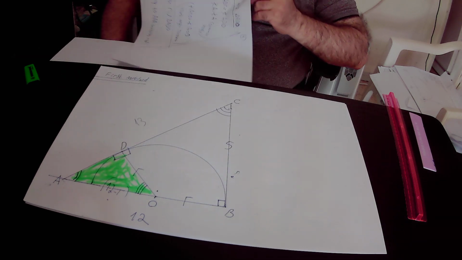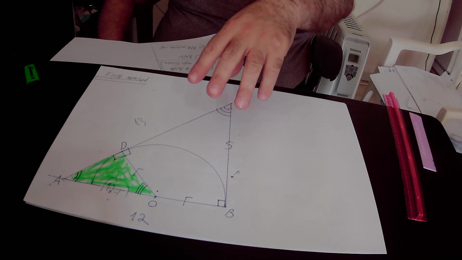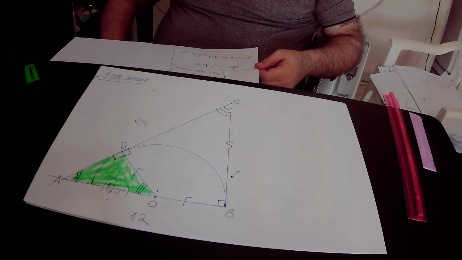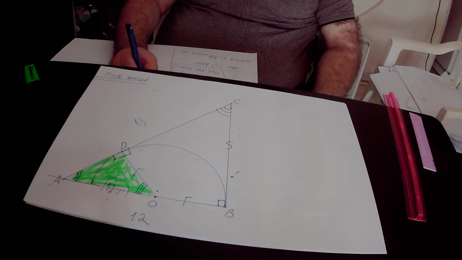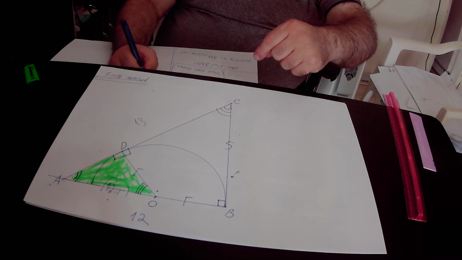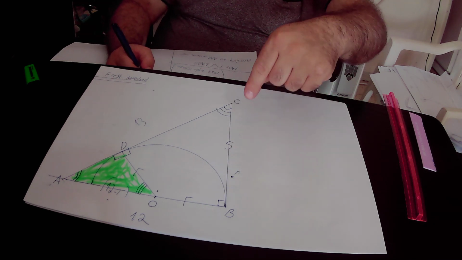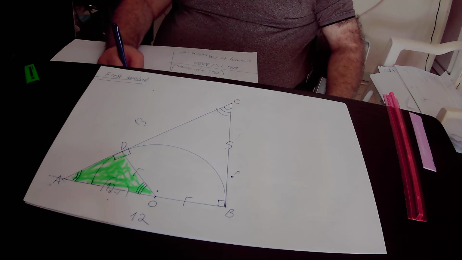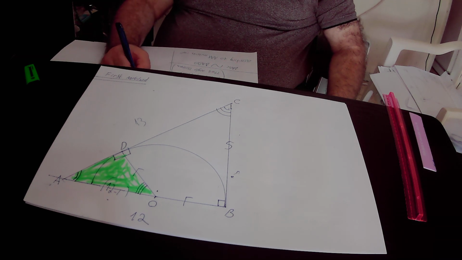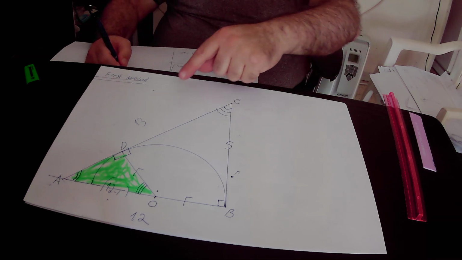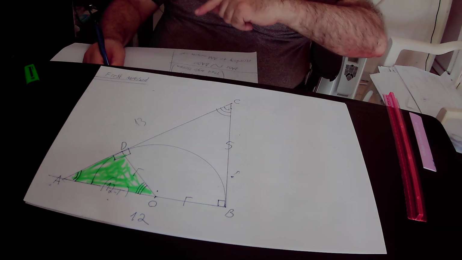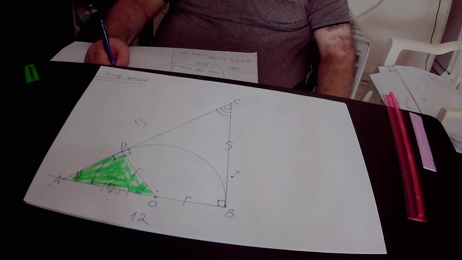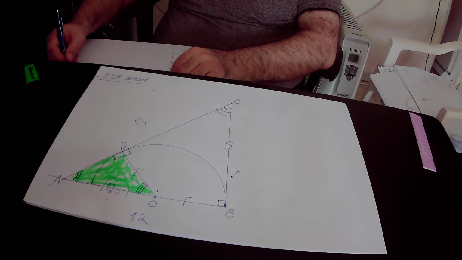And from the fact that the big triangle ABC is similar to the green triangle ADO, we will conclude that CB over CA in triangle ABC equals DO over AO in the green triangle.